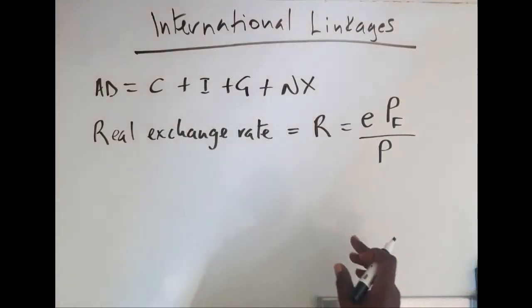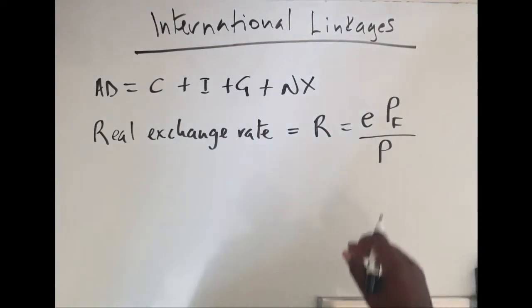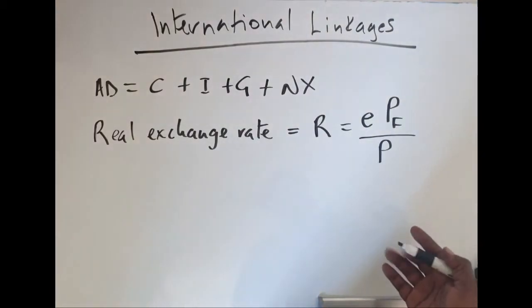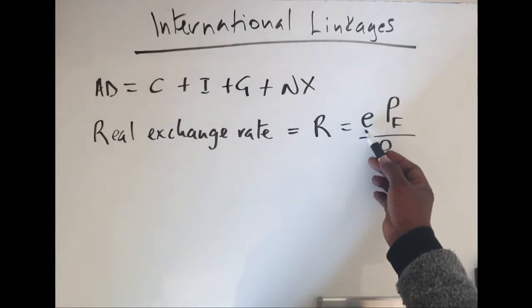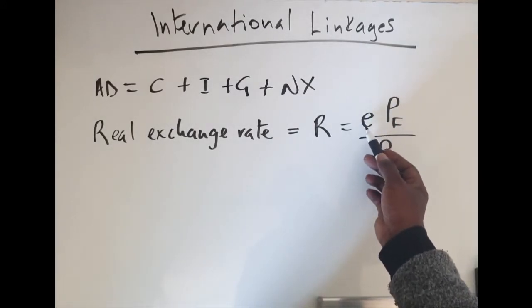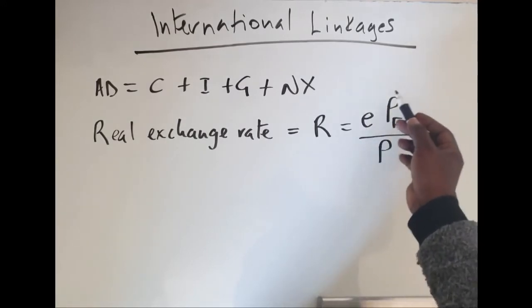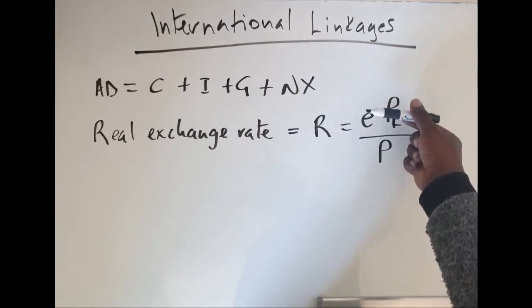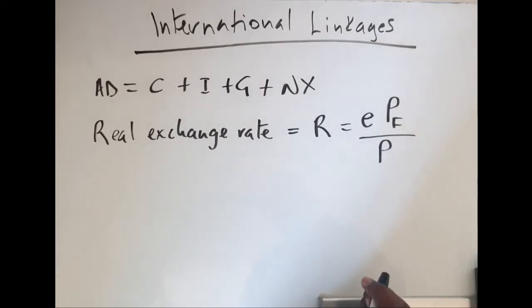So this is nothing but the ratio of foreign to domestic prices, and they are measured in the same units. Why? Because when you multiply the foreign prices by the nominal exchange rate, they've effectively been converted to the equivalent of domestic prices. So this is like foreign prices in kwacha over domestic prices in kwacha.